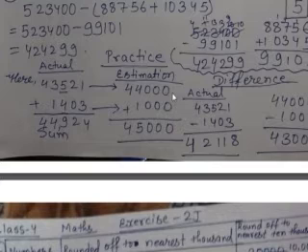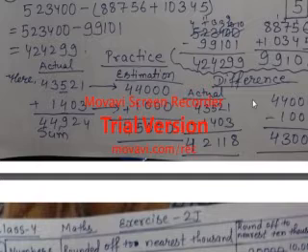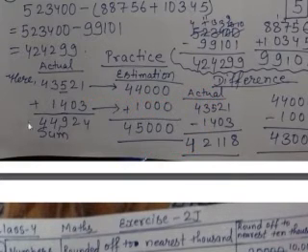And 14,003, in the place of 100 there is 0, so it becomes 14,000. Now you can see over here, while adding this becomes 58,000, and the actual answer becomes 57,524.